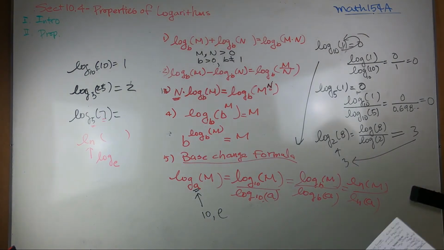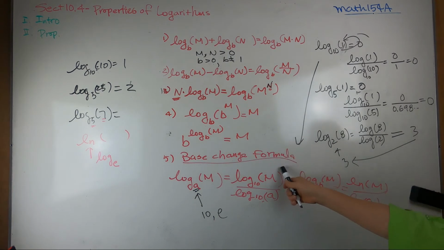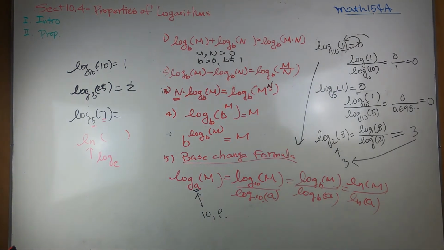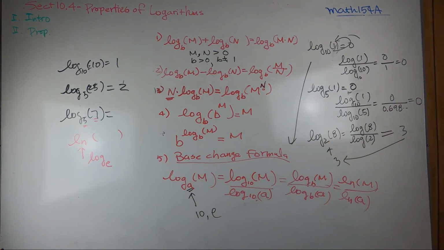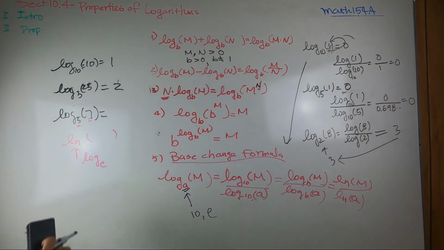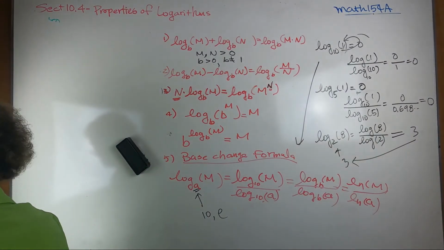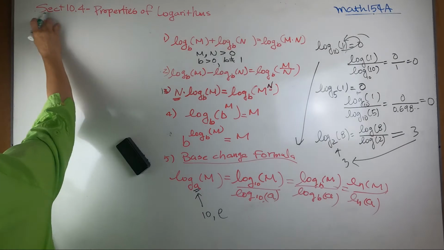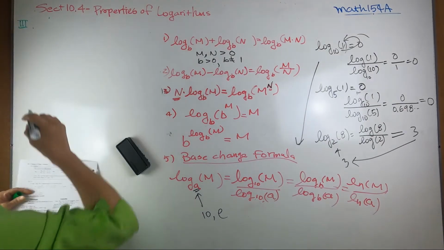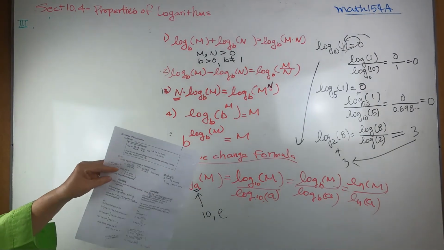You can do that. Okay, we are going to use this base change formula to find a number for a base that is not 10 or e. Okay, so on your next page, take a look.